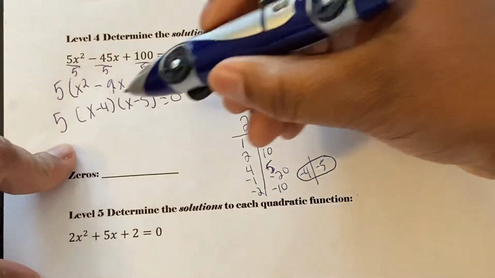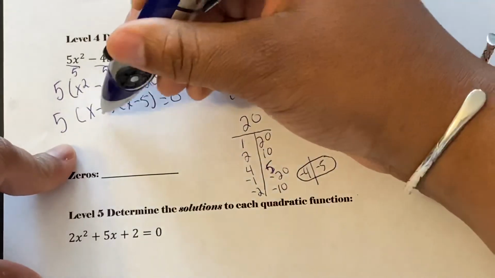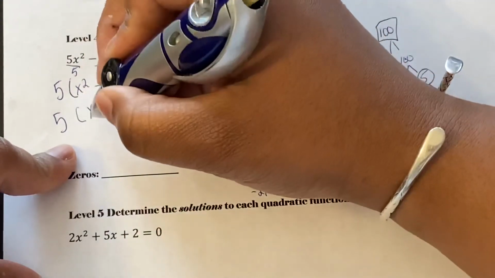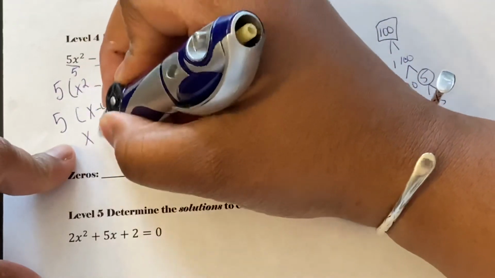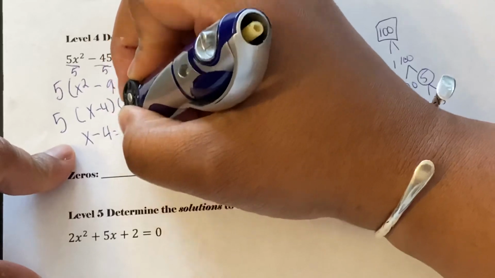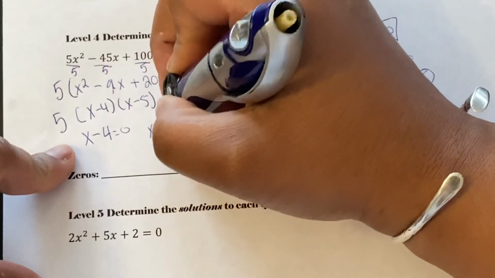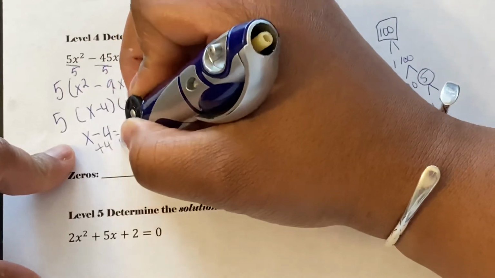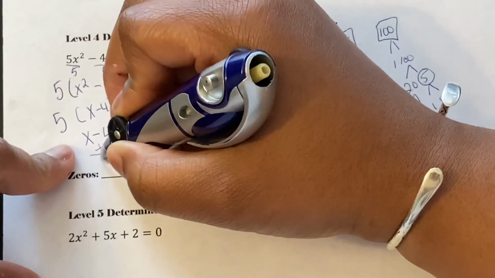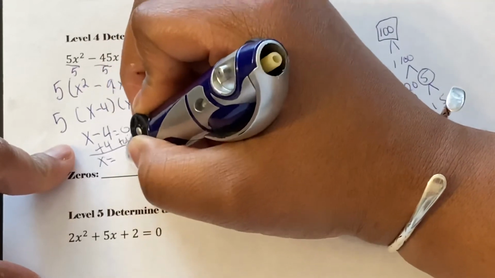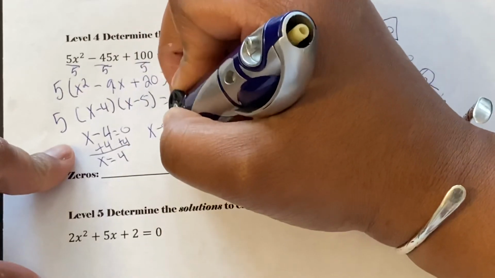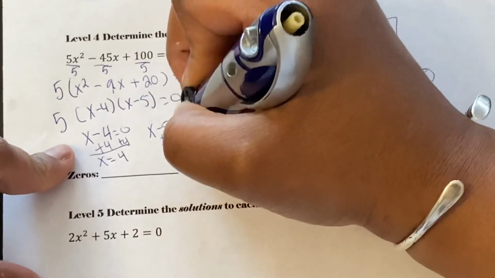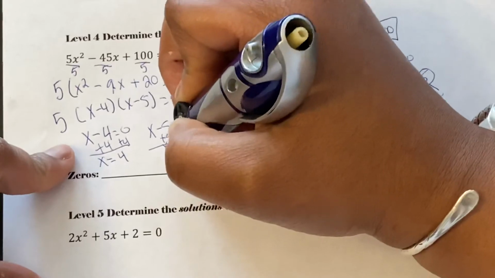In order to solve, this is just like level 2. Now I'm going to make my two factors, my two intercepts, equal to 0. Which is going to give us x equals 4 and x equals, so if I add 5 on both sides, x equals 5.